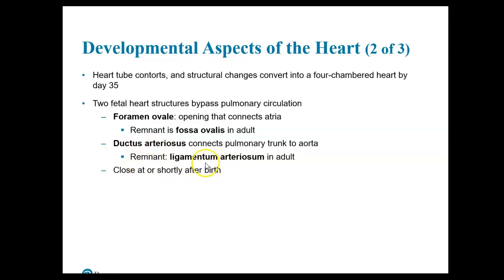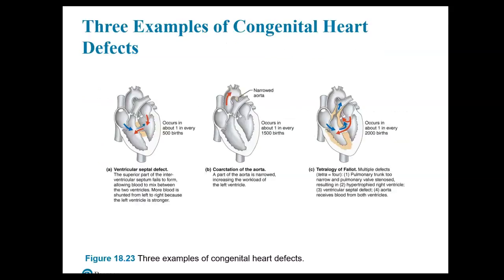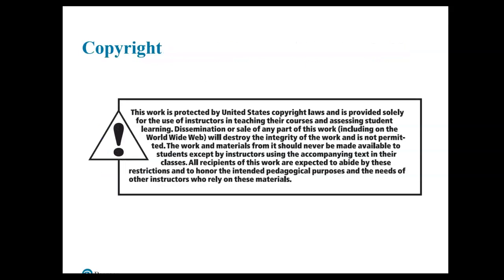And then in the adult, the remnant of the ductus arteriosus is the ligamentum arteriosum. The foramen ovale and the ductus arteriosus close at or shortly after birth. There's some information on congenital heart defects and some pictures of this.